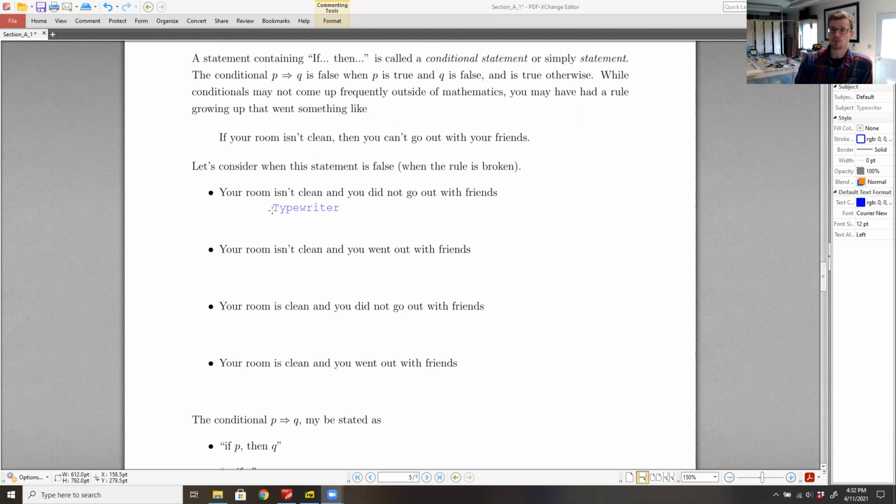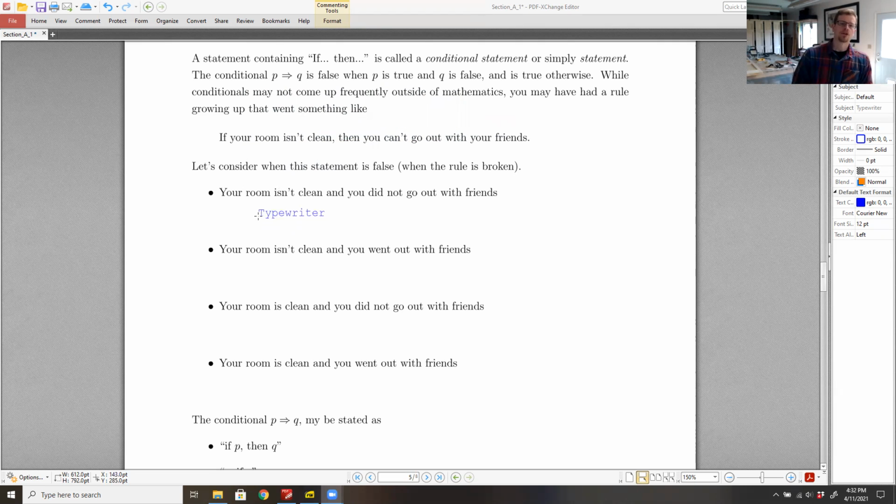If we don't break the rule, then the rule still holds and it's true. So if your room isn't clean, then you can't go out with your friends. There are 4 scenarios we can look at: the if part being true or false, and the then part being true or false. 2 options each gives us 4 total combinations.